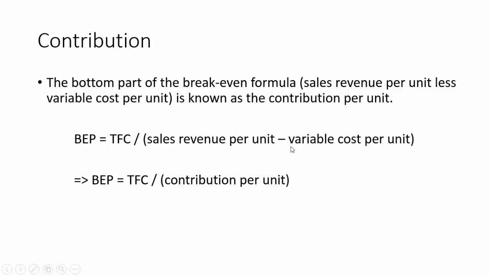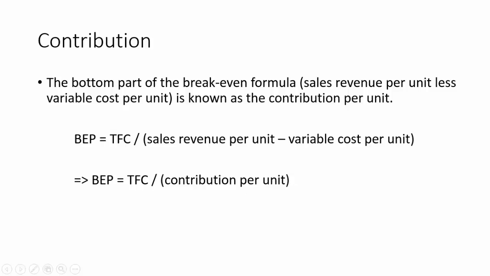Therefore, even if we do not know the variable cost per unit separately, we can still use the equation. Here we know the total fixed cost, we also know the break-even point. Now the only unknown is contribution per unit.